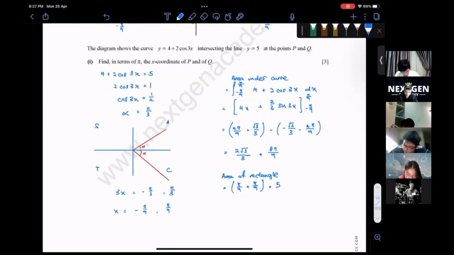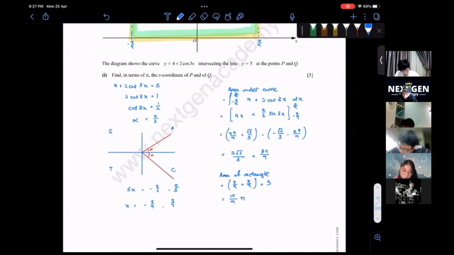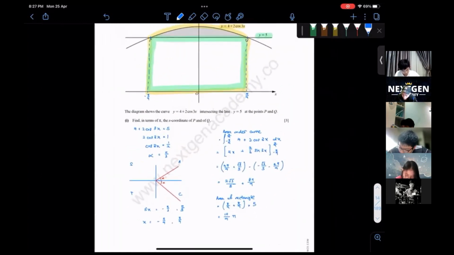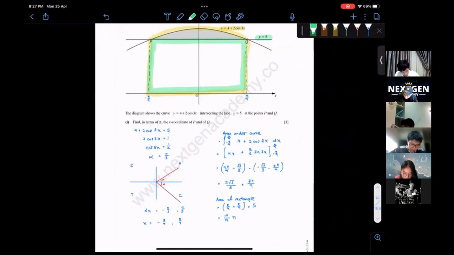We should get 5 times 10 over 9 pi. So in this question, the exact value will be the pi value that they want you to expand.